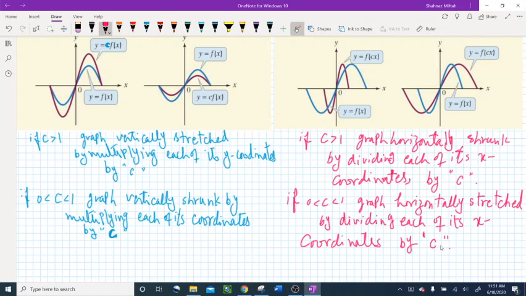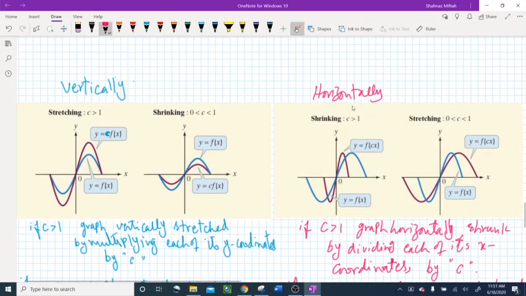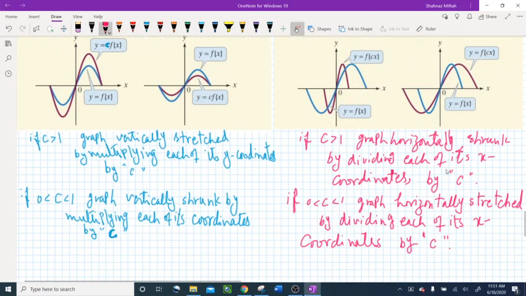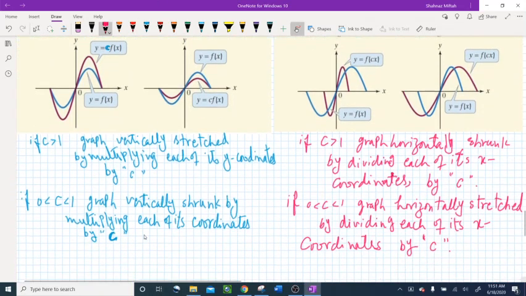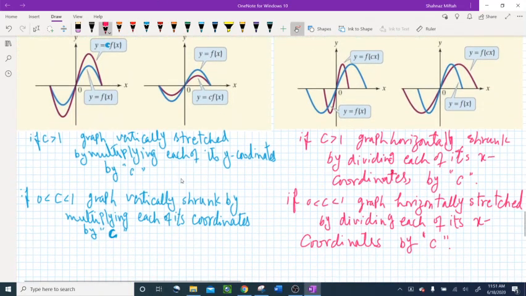Again, if you pay attention, horizontal goes with the x-axis. That's why we're dividing each x by c. Vertical is the y-axis, so that's why we are multiplying every y coordinate by c.